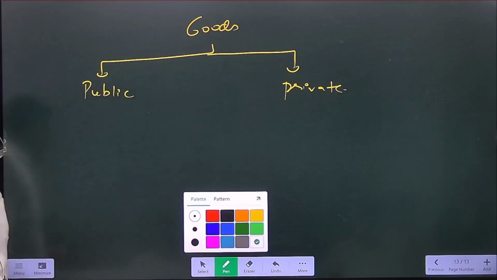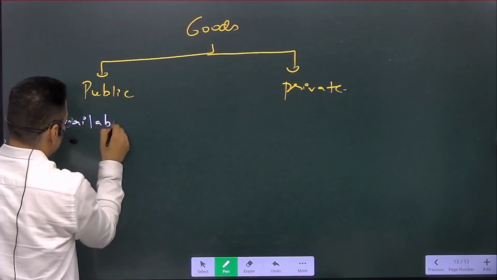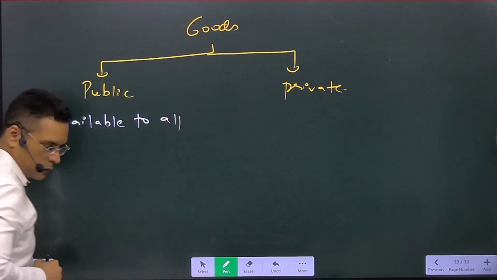Okay, so public goods are available to all. ठीक है?